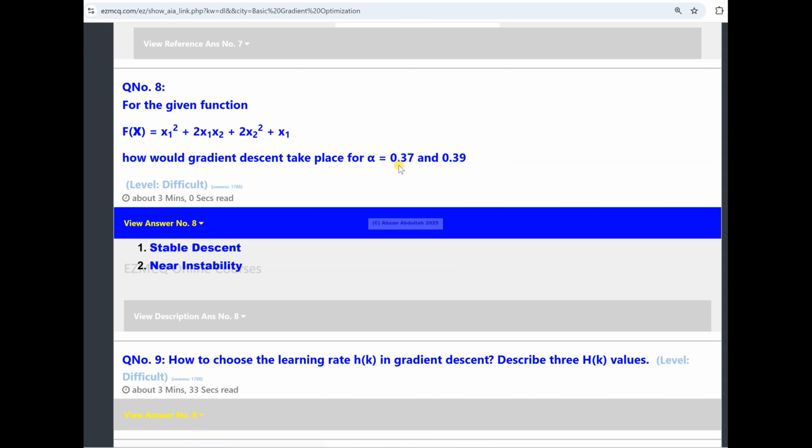And when alpha is 0.39, then it's near instability. Why? Because gradient descent operates near the stability threshold.